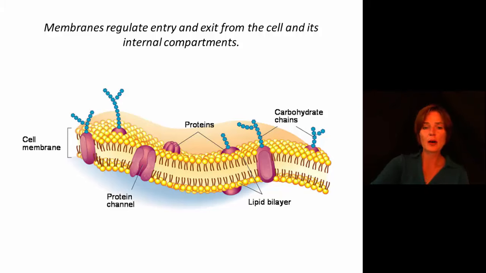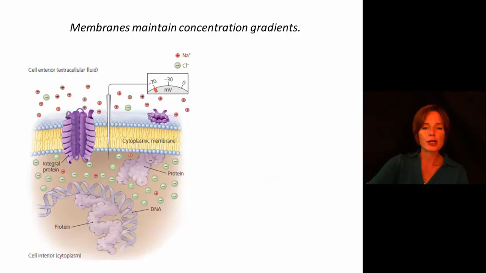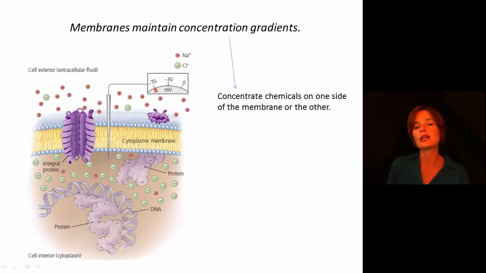So if we talk more with regards to this membrane transportation and regulation function, one thing that membranes do is they maintain concentration gradients. Membranes are barriers, so they are going to keep the inside isolated from the outside, and because of that, they are able to concentrate chemicals on one side or the other.